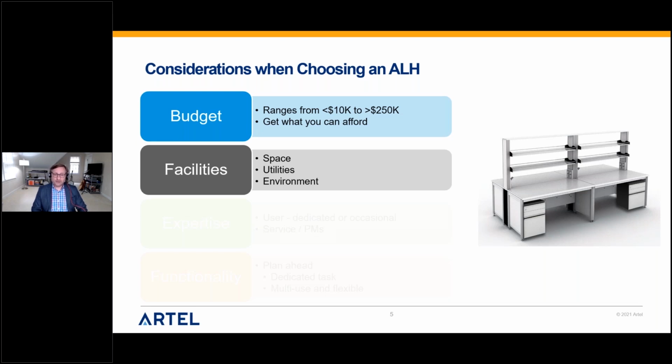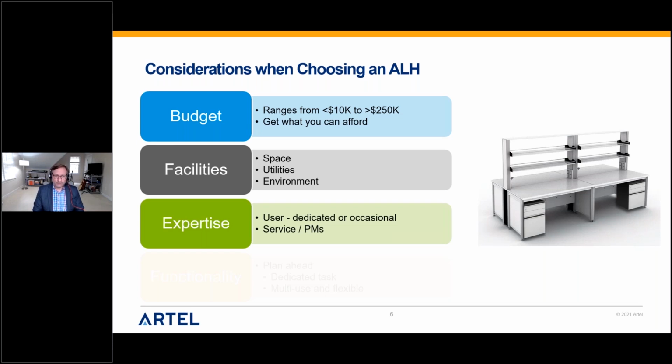And then, another part of the facilities is environment. We've got to think about that, and we're going to drill down so I can show you a couple of examples of what I mean by that. Another consideration is expertise, and it's the level. What I mean by that is if you think about the user, is it going to be a dedicated engineer, or is it going to be an occasional user, like a group of occasional users?